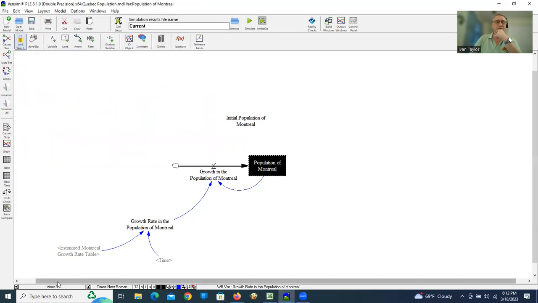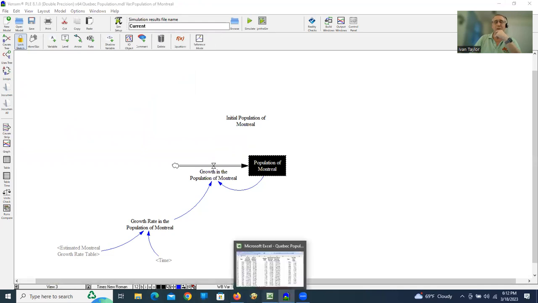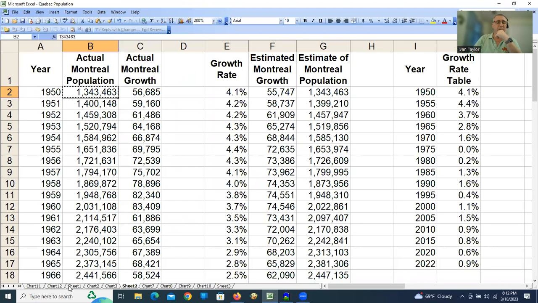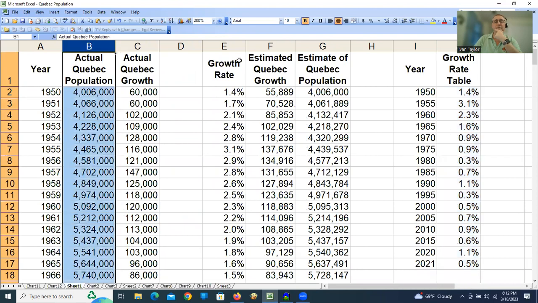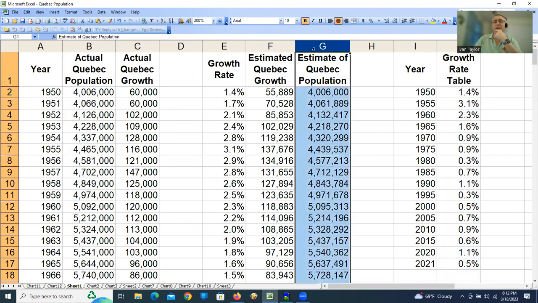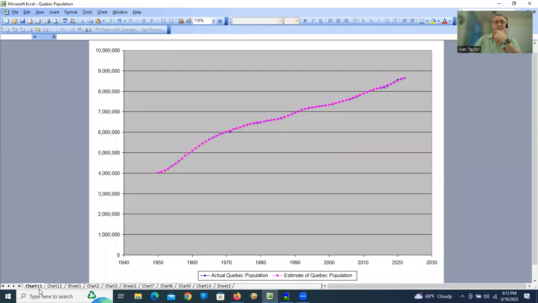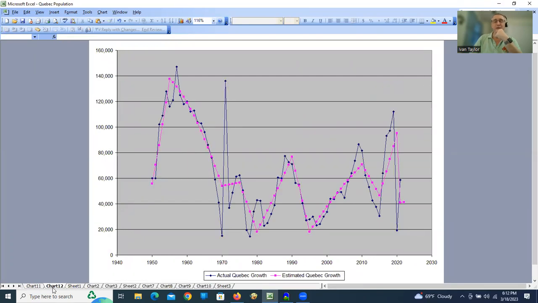But I also have built a model of the population of Quebec province. So here is the model of Quebec province. And I have the data here and the estimates here and the rate of growth here. And when you look at the match between the model and the data, you see a good match in the Quebec population and a good match in the growth of the population over the years.